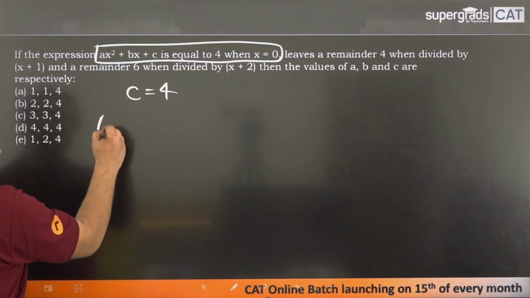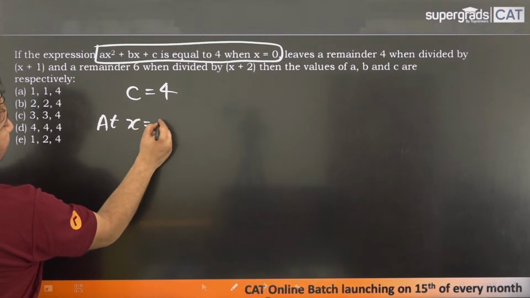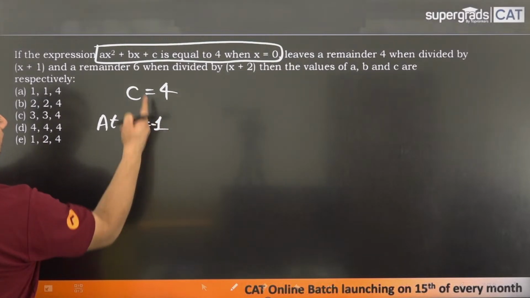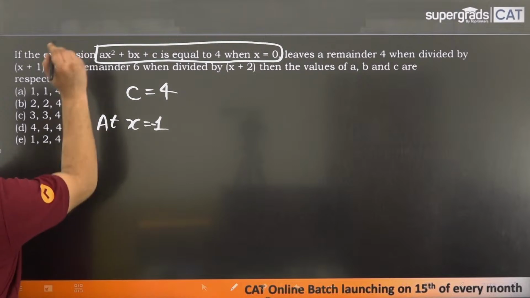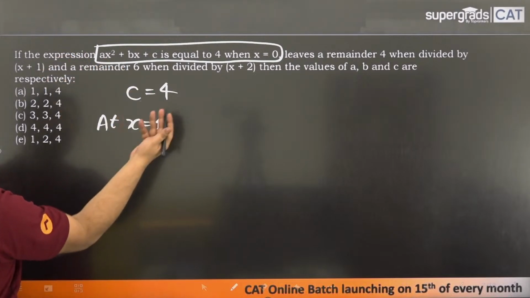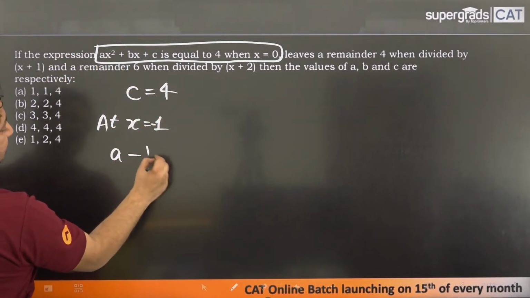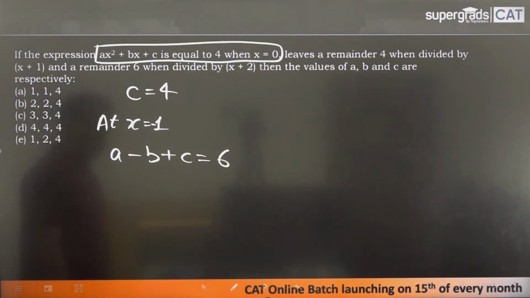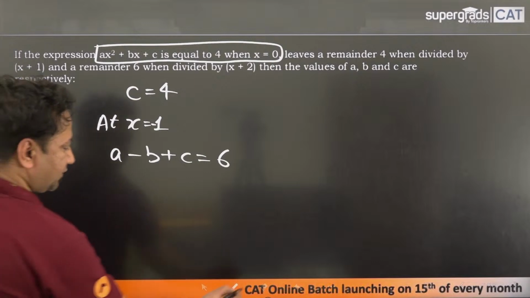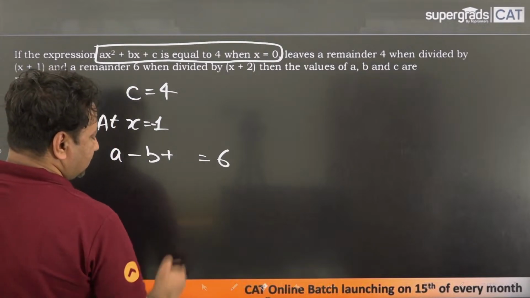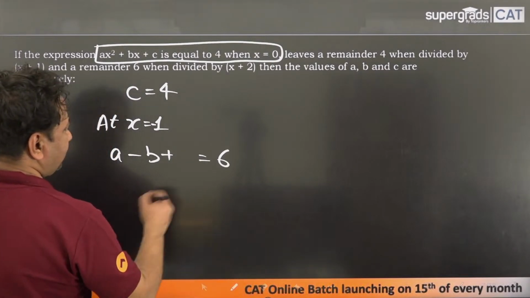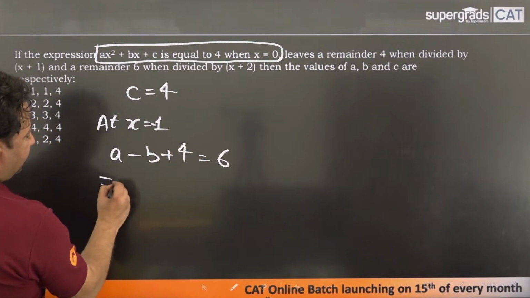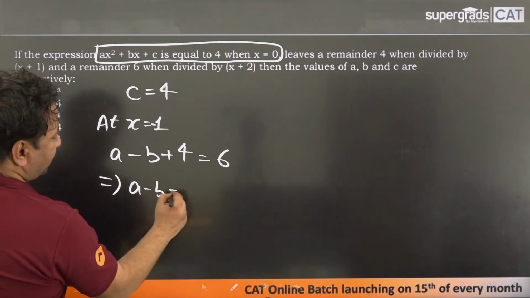That means at x equal to minus 1, this value will be 4. Let us put minus 1 over there. X square minus 1 ka square is 1 only. So I'll get a minus b plus c is equal to 6. By the way, instead of writing c, we can directly write 4. Right? So let us do that. Which further means that a minus b is equal to 2.